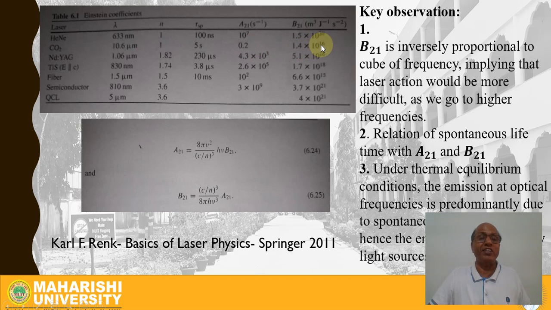Although the B21, the stimulated emission, is also less than in the case of helium neon, the efficiency of the CO2 laser will be very high because A21 is very low. Similarly, you can see the observations here and try to derive a picture of how the spontaneous lifetime plays a role in the value of A21 and in the value of B21.